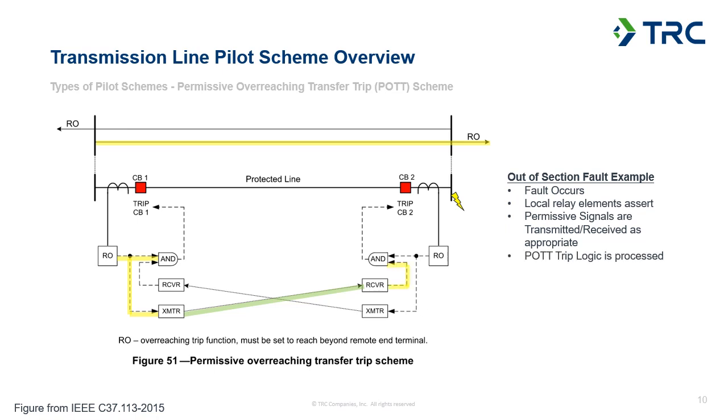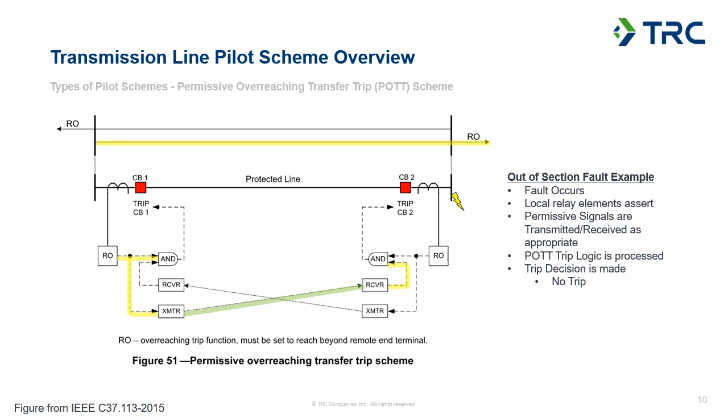And when that's processed, you can see the AND gate on the terminal 2 side is not satisfied because even though we are receiving a permissive, the relay at that terminal doesn't see a fault within its forward overreaching zone. So no trip decision is made.